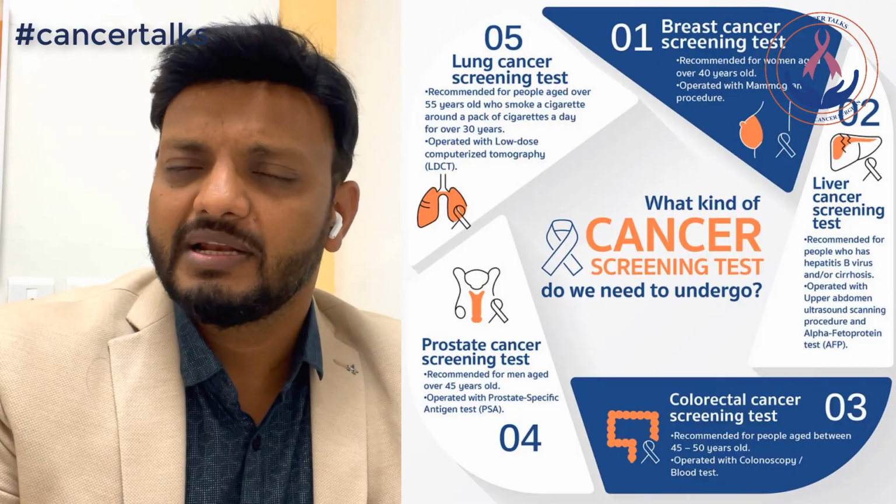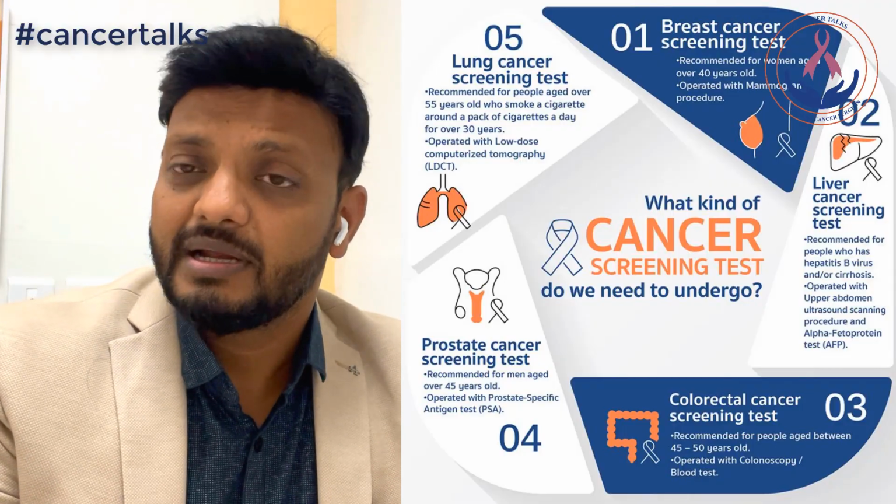The screening methodologies which are available: mainly 4 to 5 cancers are subjected to screening, like breast cancer, cervical cancer, lung cancer, and oral cavity cancer, and in some cases colon cancer we can go for screening.